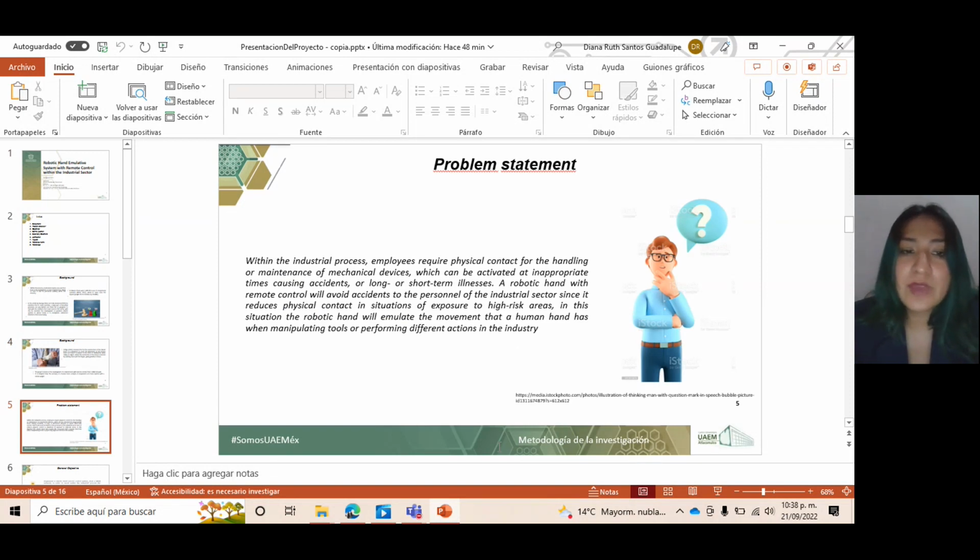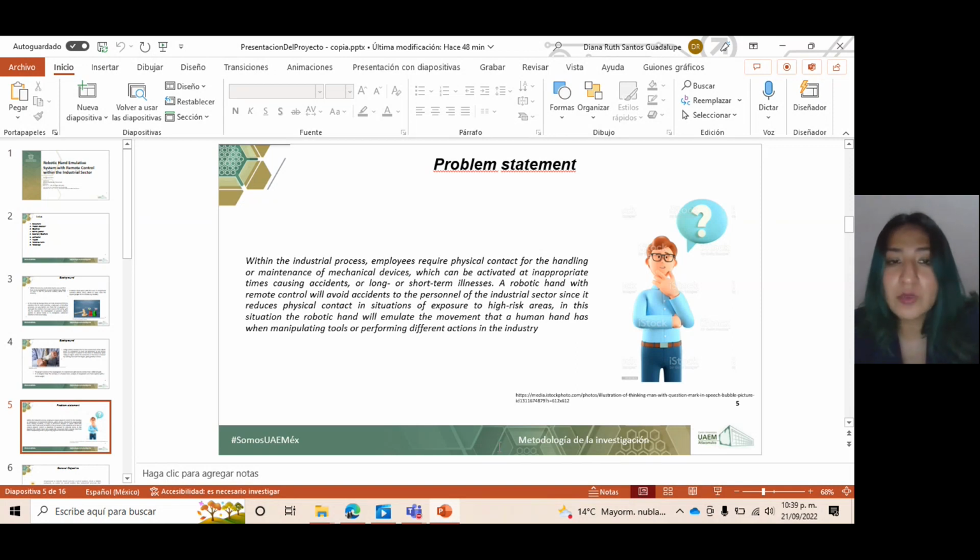The problem is that within the industrial process, projects require physical control for the handling or maintenance of mechanical devices, which can be activated at inappropriate times, causing accidents or long or short term illnesses.